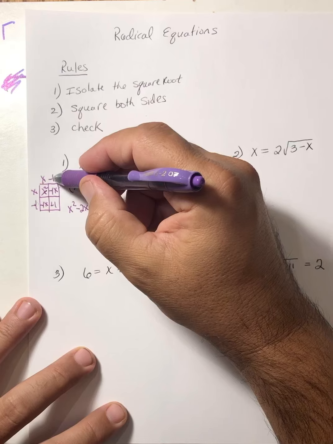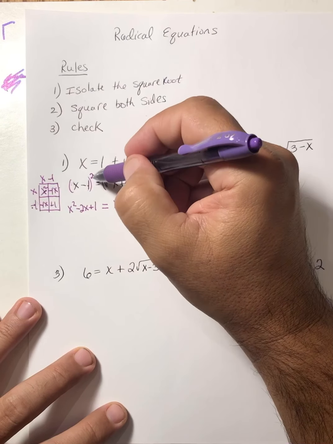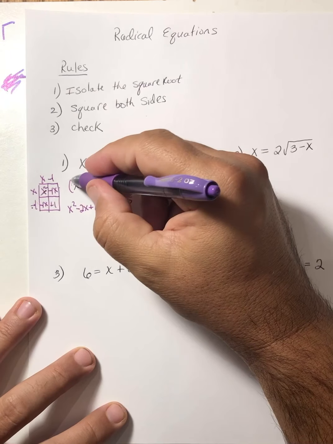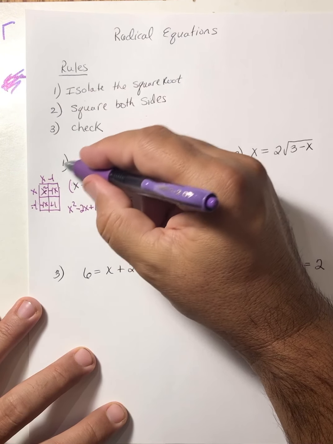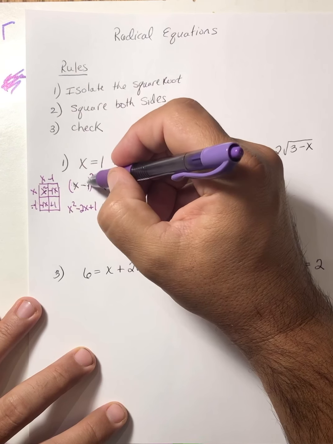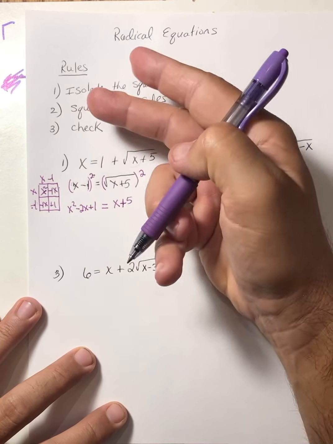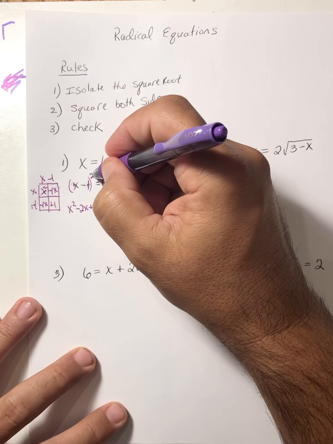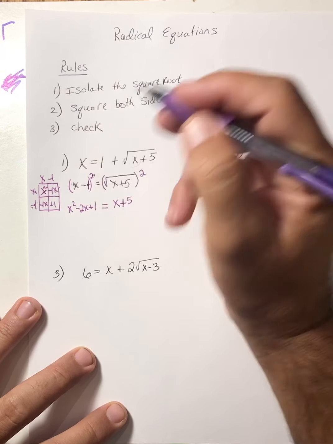And then finally, negative 1 times negative 1, so negative 1 squared. So when you're looking at something like this, you can do x squared, negative 1 times x twice, so that's negative 2x, and then negative 1 squared, so 1.